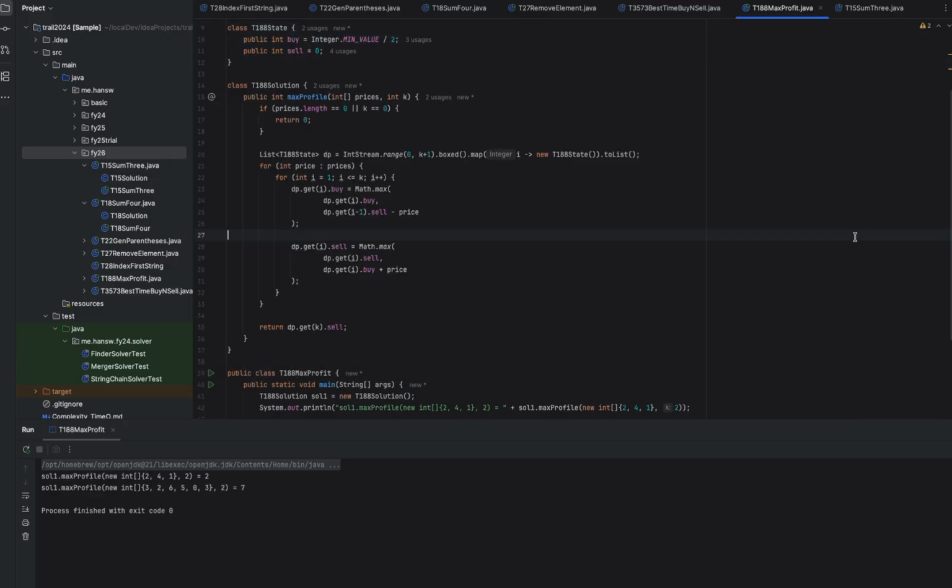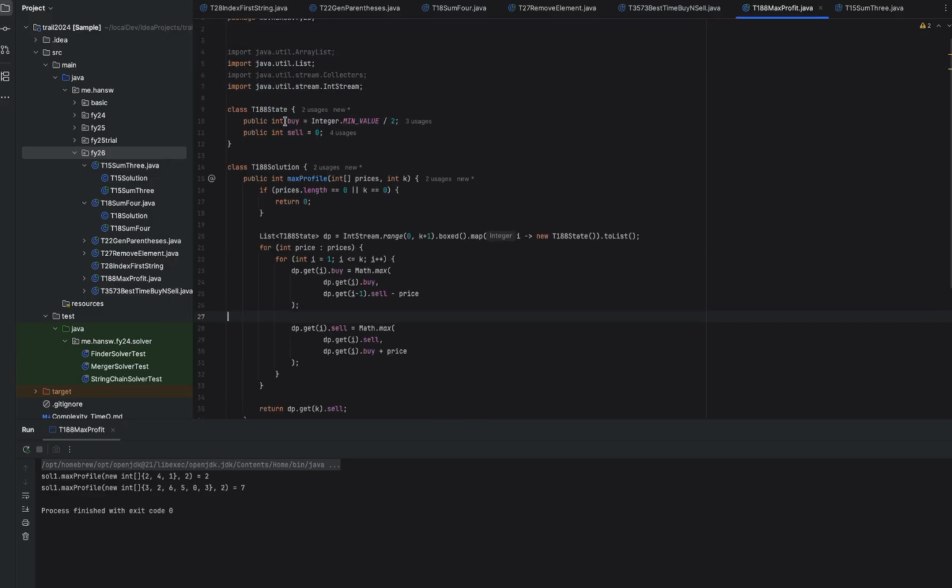And here's the code. We define the states buy and sell. The sell states are all default to 0, because no buy has happened at first. The buy states are always initialized to a minimum value, where we leave enough space for the minimum value with negative 2.